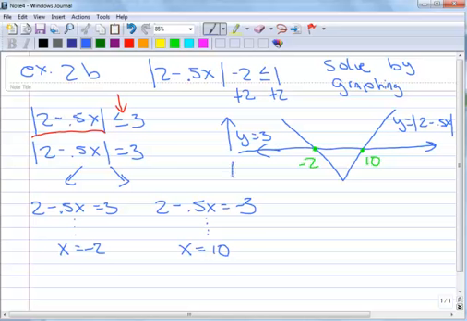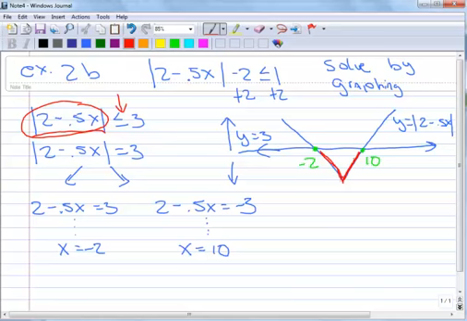Values below that would be less than 3, such as 2, 1.5, -6, and so on. So what this is saying is, when is the absolute value part of the equation less than 3? Well, that's this part right here, the part I've shaded in red. For those values, it's less than 3.